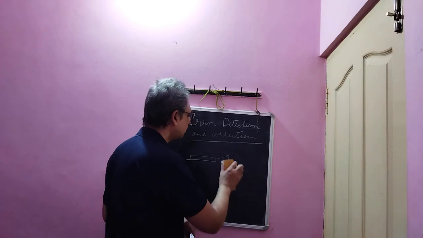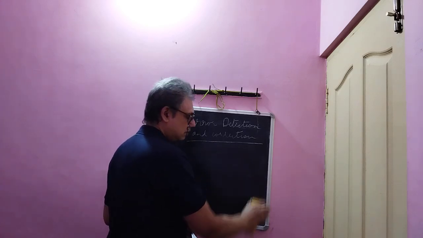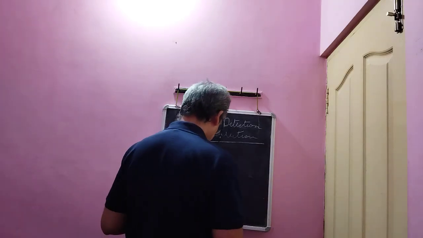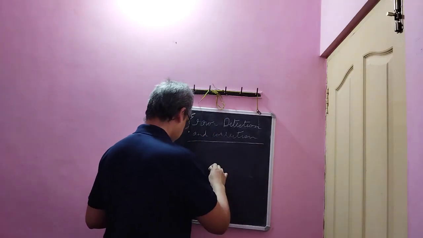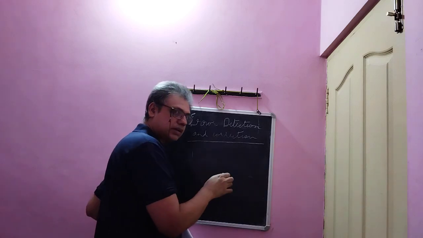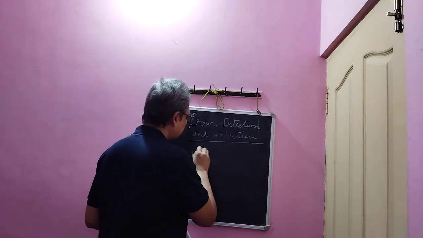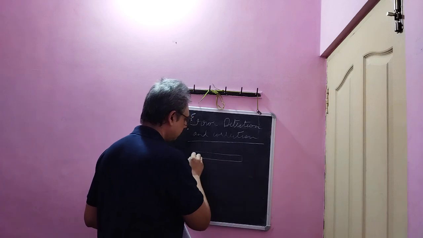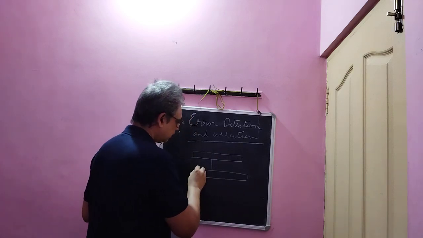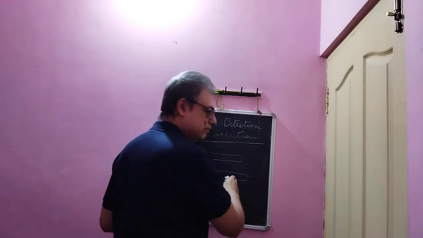Now, a simple practical approach was... the main objective of error detection and correction is, if you have a certain sequence of message which is coded, then it is the coded part which is transmitted.